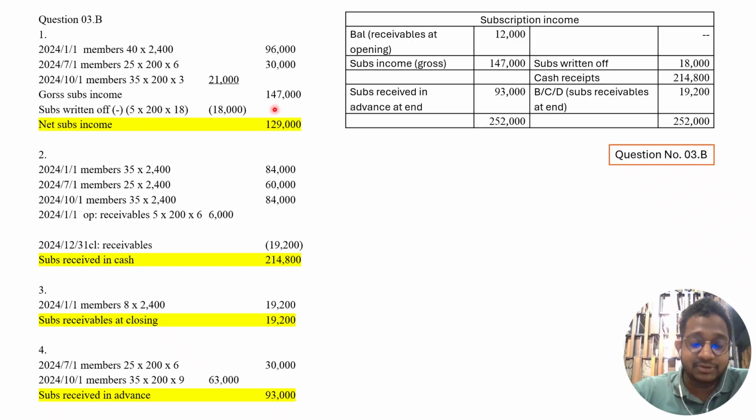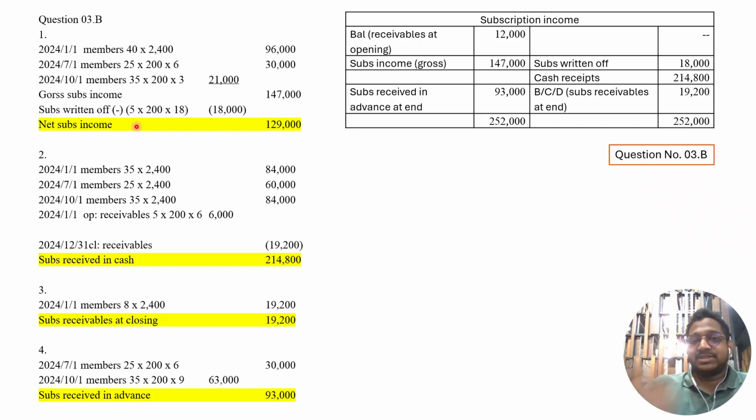But from that, you have to write off the subscriptions. There were 10 members as at opening day receivable for the last 6 months. And out of those, 5 members didn't pay subs this year as well. So for those 5 members, you have to exclude, which means you have to write off the subs for the arrears amount as at opening day.